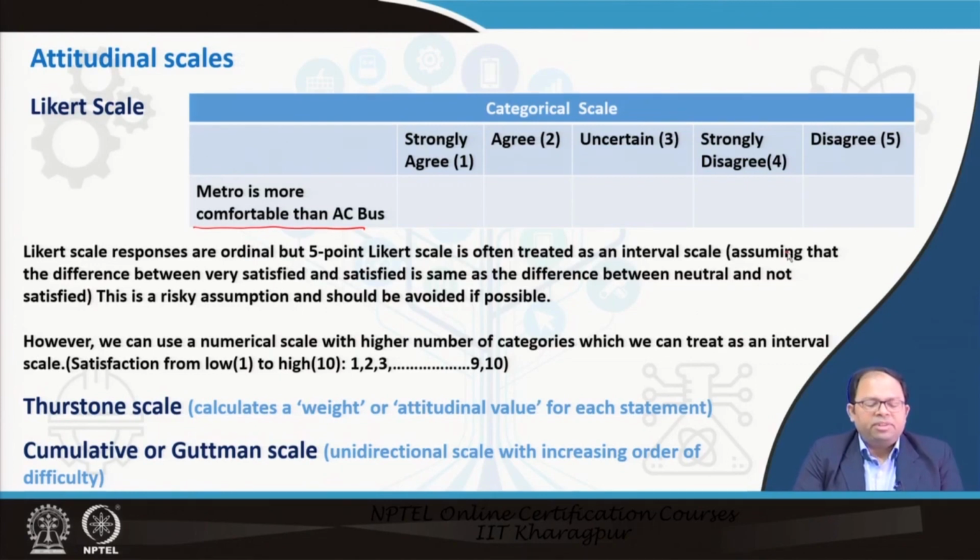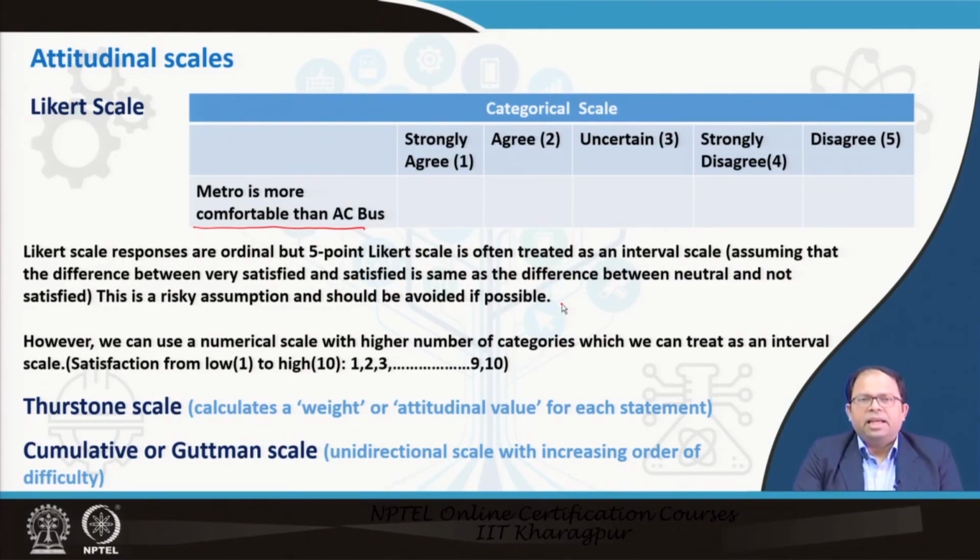We assume that the difference between very satisfied and satisfied is the same as the difference between neutral and not satisfied, so that we can do statistical calculations. But this is a risky assumption and should be avoided if possible. Now sometimes it's difficult, but we can always increase the categories from a 5-point to a 10-point scale.